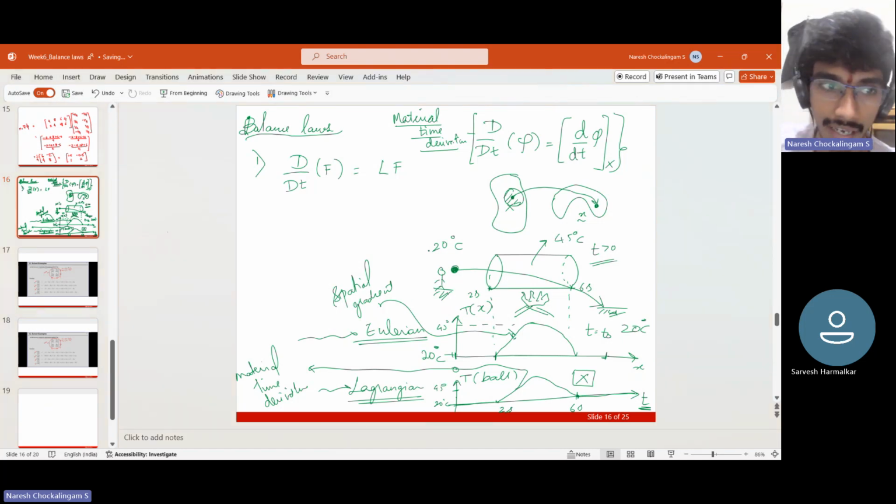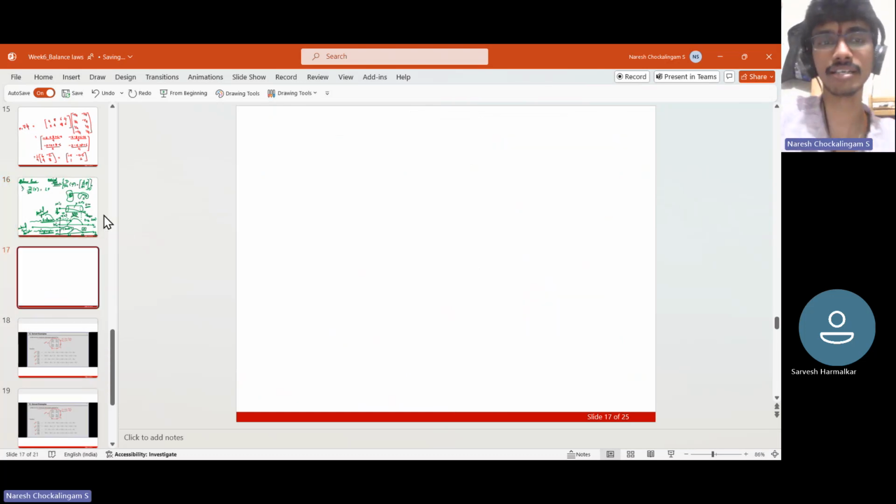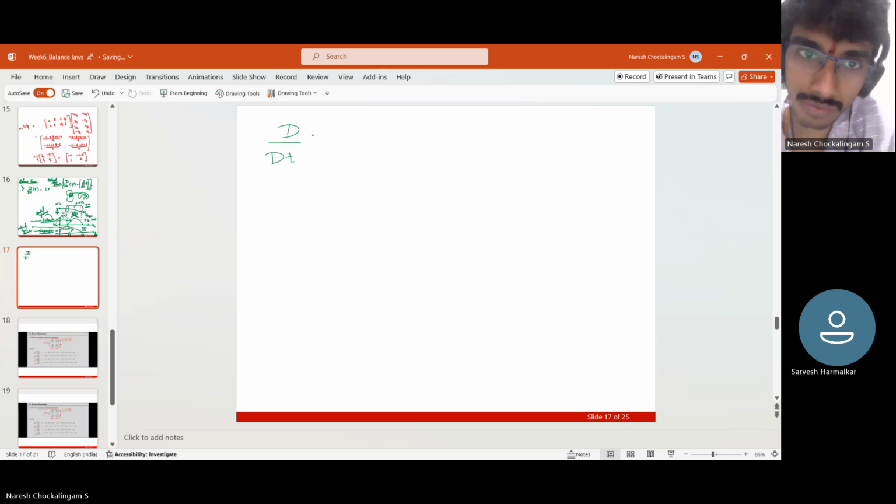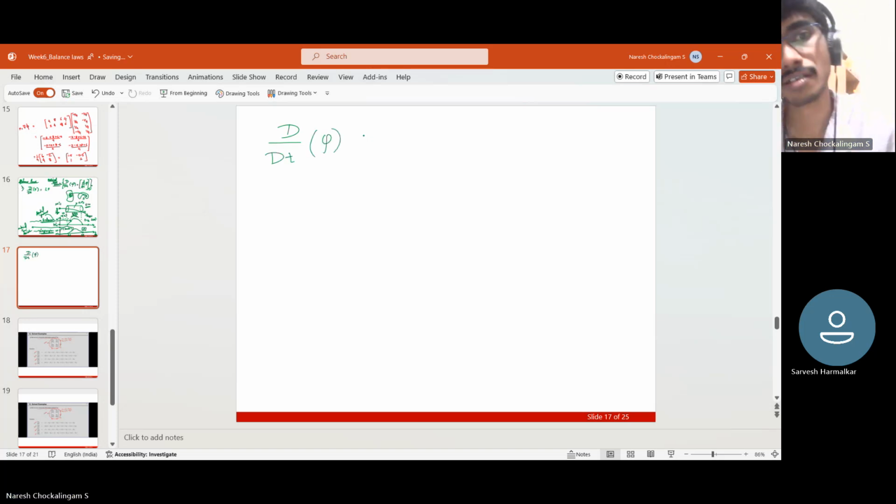Now, this much is actually enough. Basically, the material time derivative is you track a material point and then look at how the fields are varying with respect to time. So the first thing that we set out to prove is d by dt of some field is what, right?